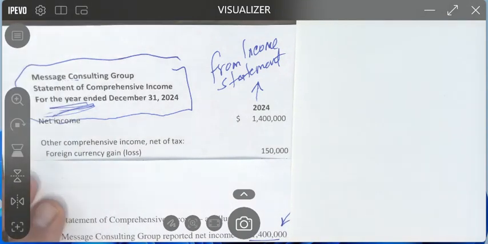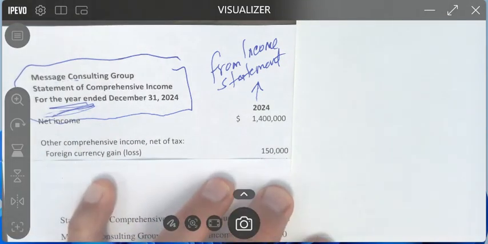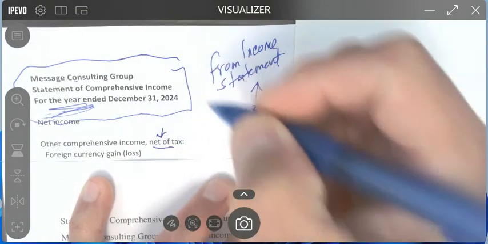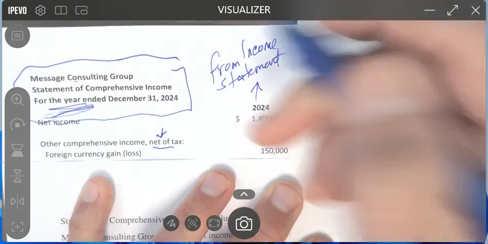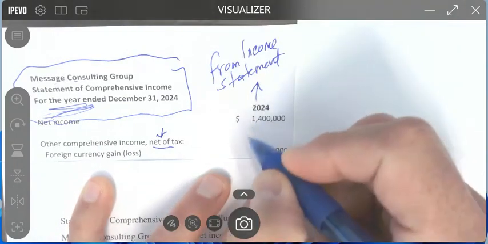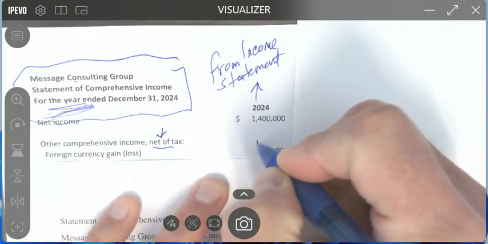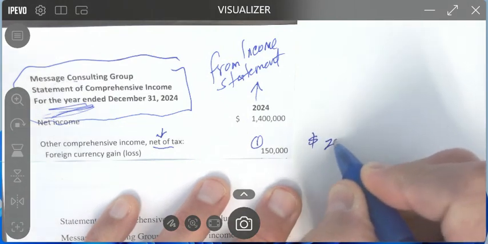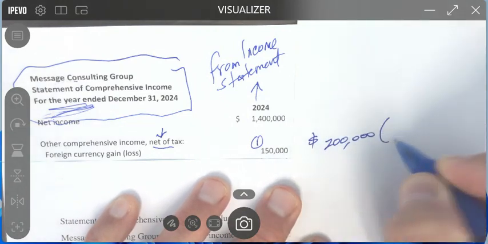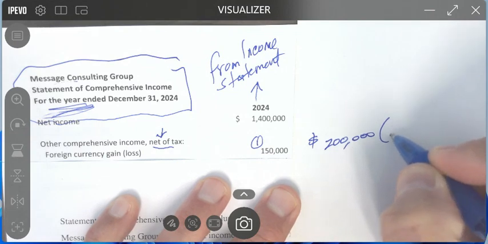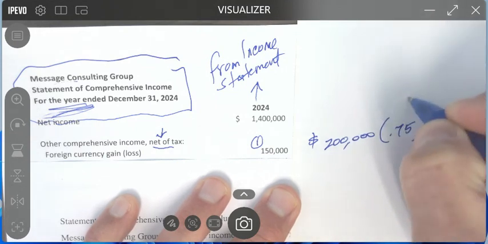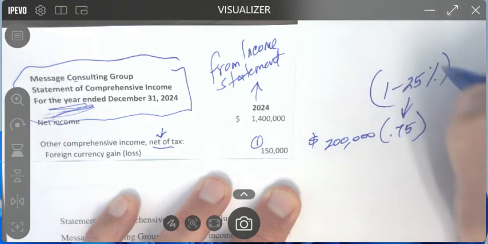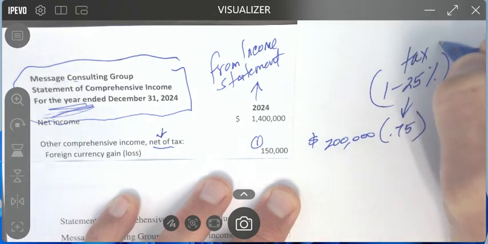And here is the foreign currency translation gain. But remember, it's net of tax. So this is 200,000 times 0.75, where 0.75 is 1 minus 25%, which is the tax rate.